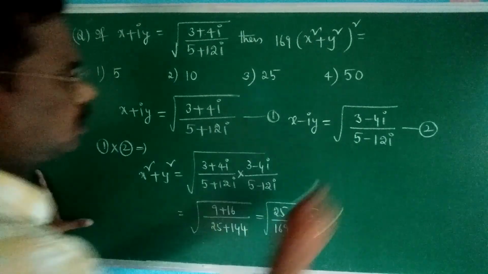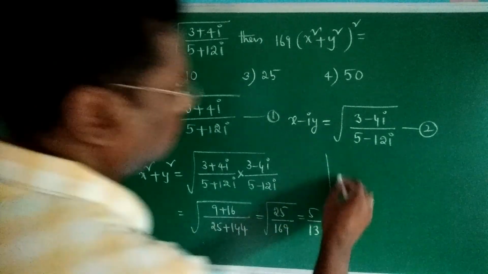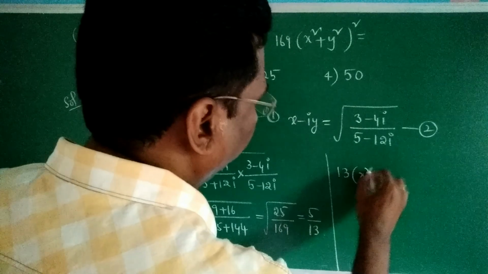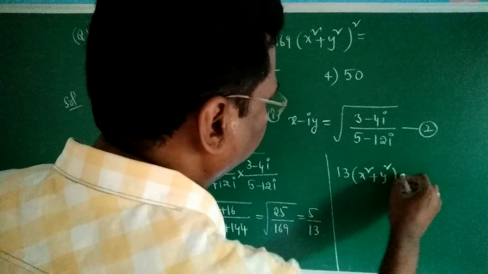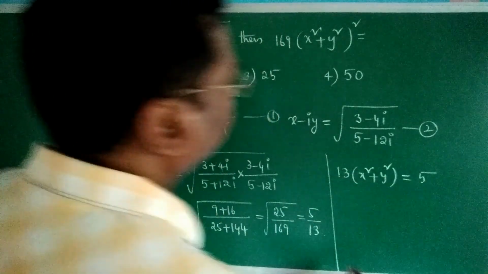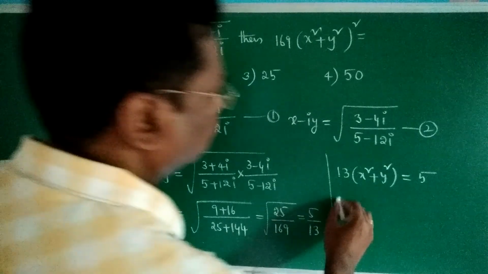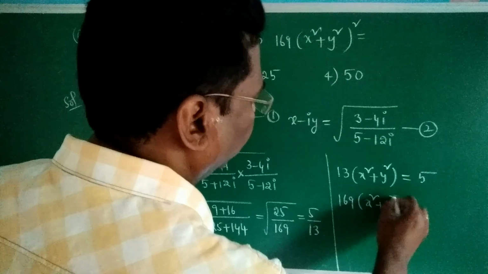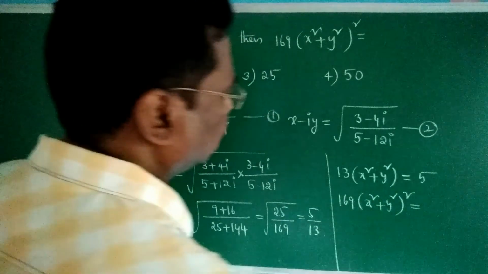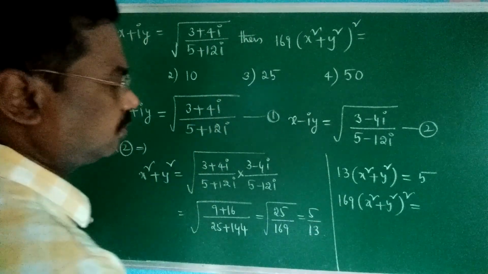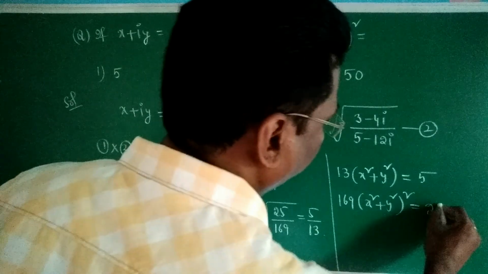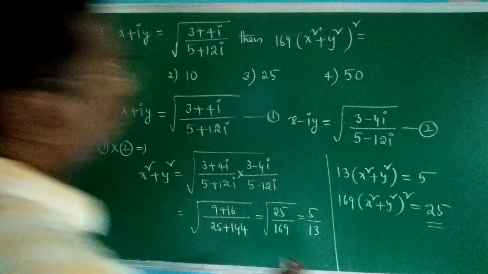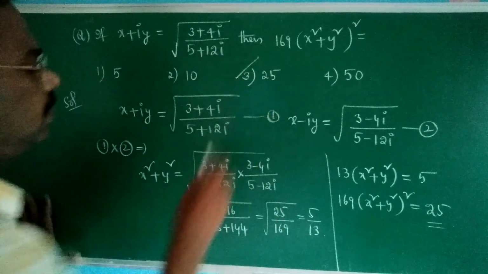By cross multiplication, 13 into x square plus y square is equal to 5. Now squaring on both sides, 169 into x square plus y square whole square is equal to 25. Therefore, option 3 is the correct one.